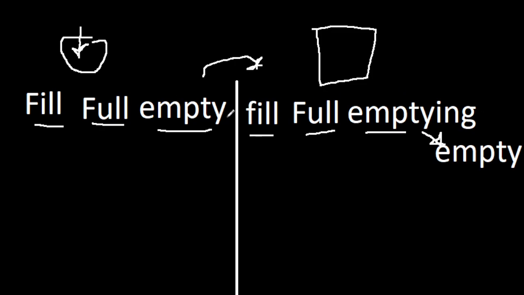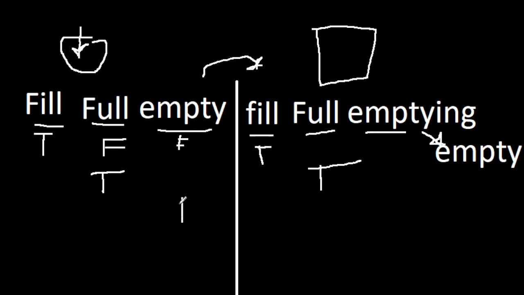So at this point, we start doing the logic part. This is called a truth table, a true-false table. So when filling is true, it is also filling in the box. And these are all false. These cannot happen while it's filling. Then when the button is full, you could say that the box is full.